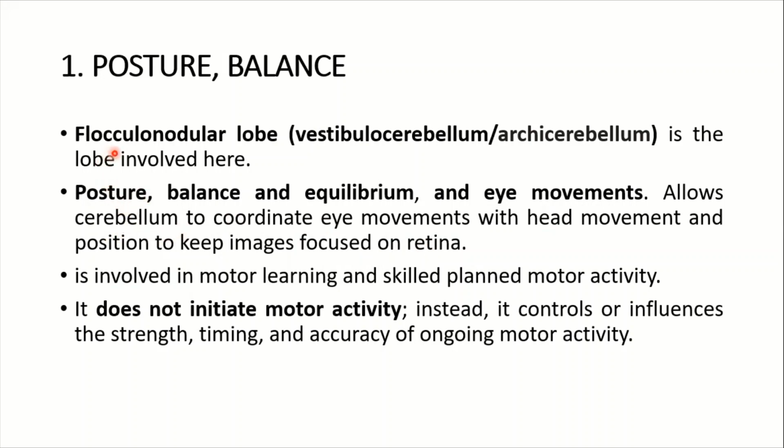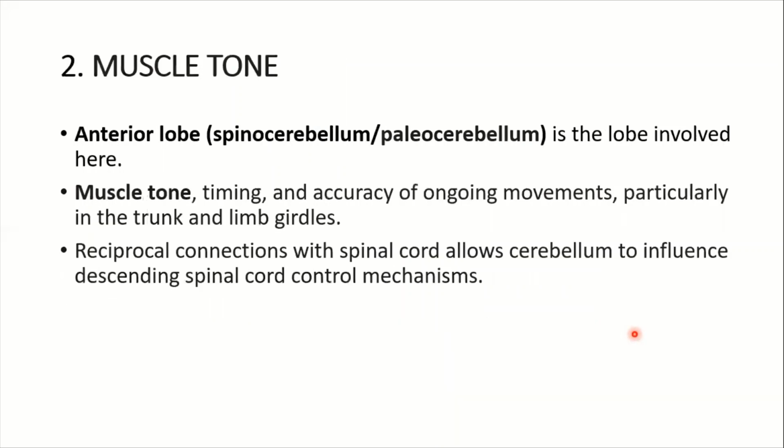This function is maintained by the flocculonodular lobe, and it is involved in motor learning and skilled planned motor activity. It does not initiate motor activity. This is very important for the cerebellum, that it does not initiate motor activity. Instead, it controls or influences the strength, timing, and accuracy of ongoing motor activity.